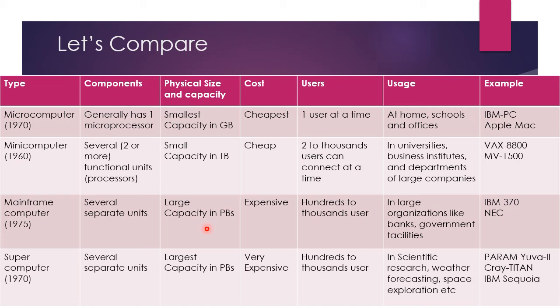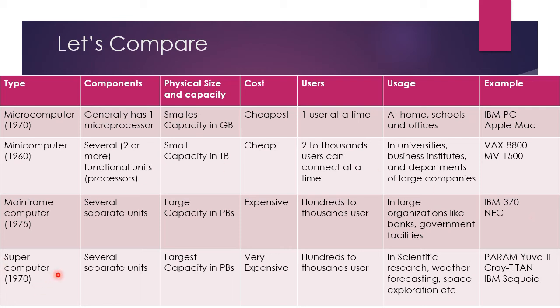The capacity of this is in PBs, petabytes. They are expensive. Hundreds to thousands of users can connect to a mainframe computer system at a time. They are used in large organizations like banks, government facilities, etc. IBM 370, NEC, these are some examples of mainframe computers.